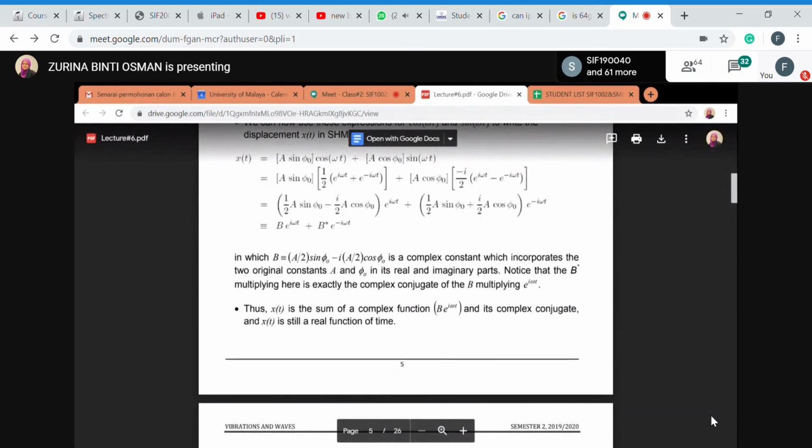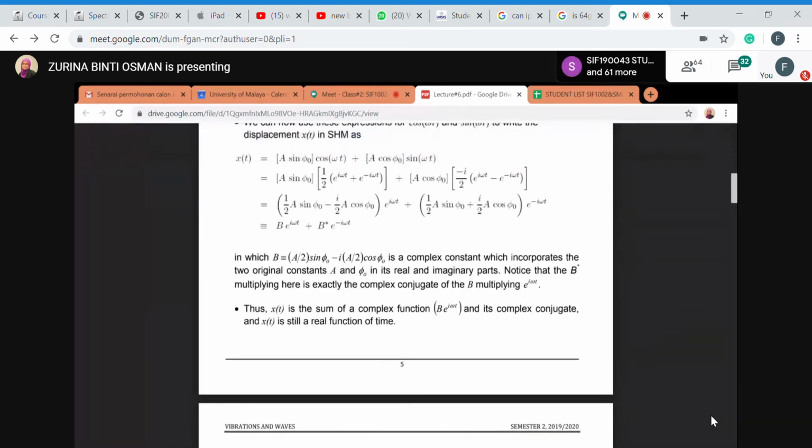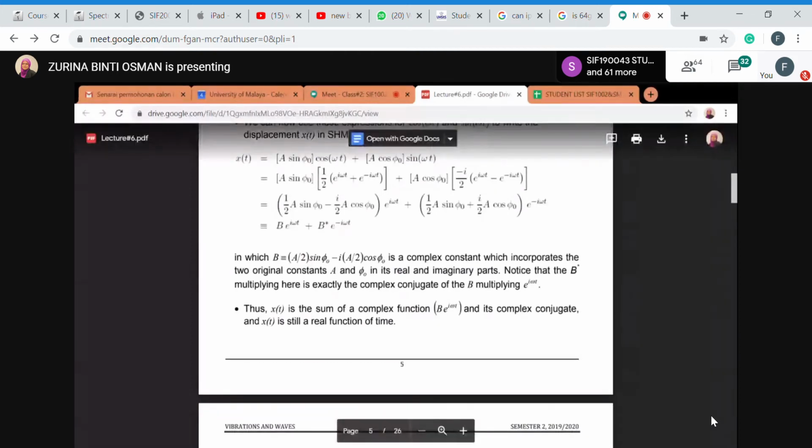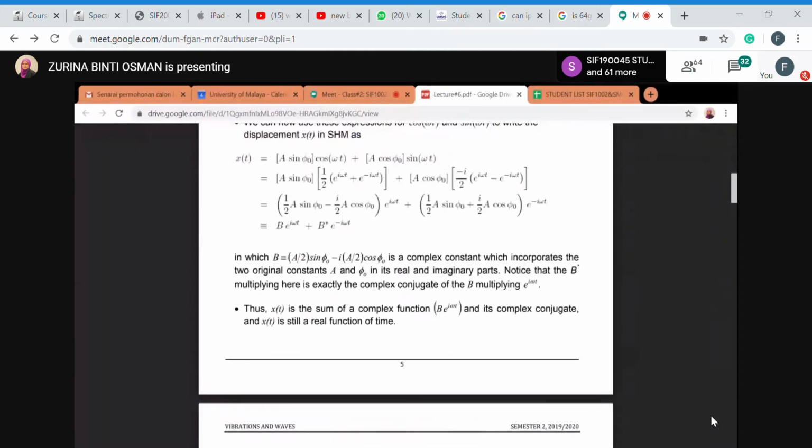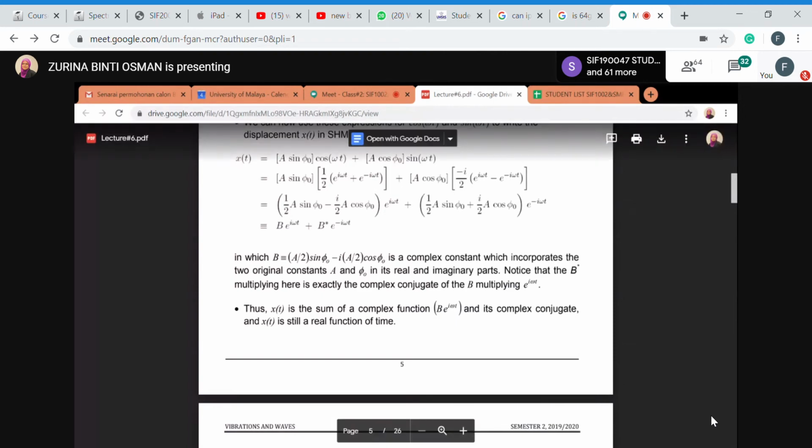Then you arrange the equation, and finally we can define x(t) equal to B e^{iωt} plus B star e^{-iωt}, where B is equal to this bracket, and this is for the B star.